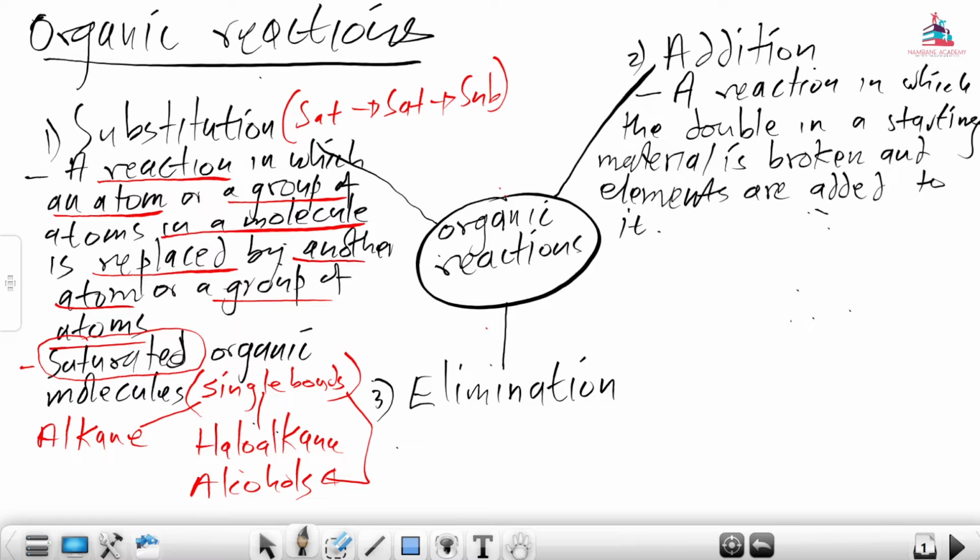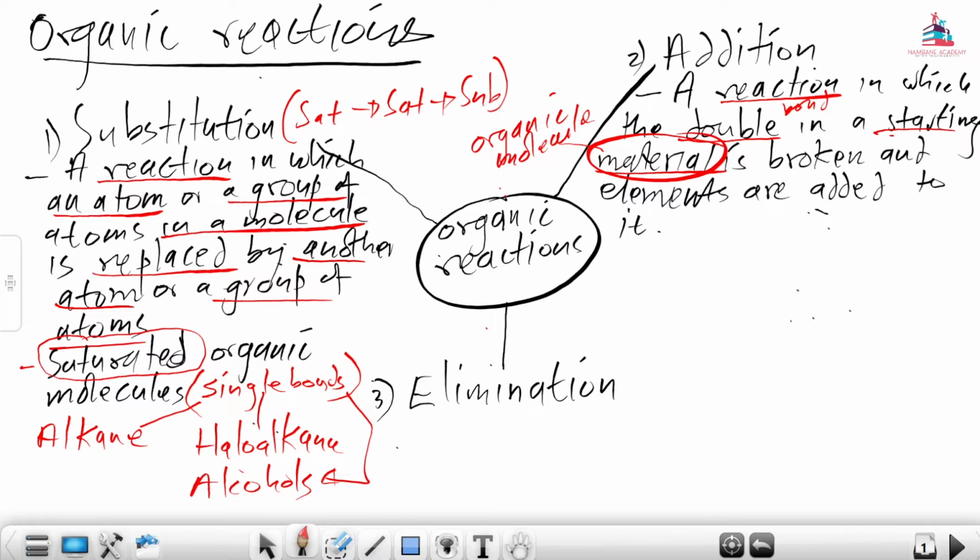So that's the definition of an addition reaction. A reaction in which the double bond in a starting material, which can be an organic molecule, is broken. So this organic molecule must have a double bond, must be an alkene in this instance.